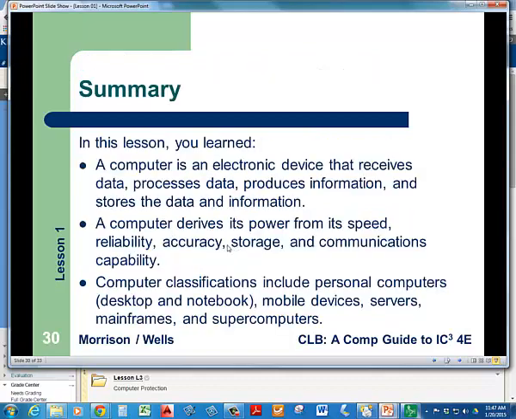So it's an electronic device that receives data, processes data, produces information, and stores the data. Okay, it derives its power from its speed, which is the cycles per second. It's reliable. Oh my gosh, they've become so reliable. At first they were terrible. They were always breaking. They were always failing.